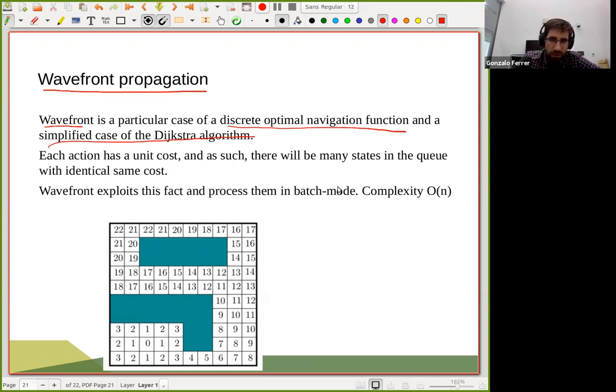Basically, we are not considering here any cost. We are just considering that all costs are unit cost, right? And this is the idea of you're just measuring length, right? So cost of one is just moving from one state to the other, like from here to here, right? So here, cost is just changing from 1 to 2.